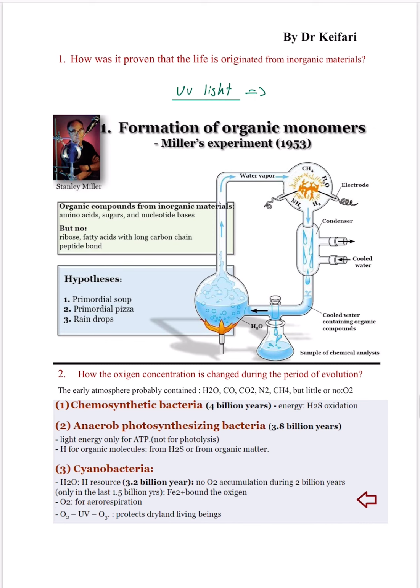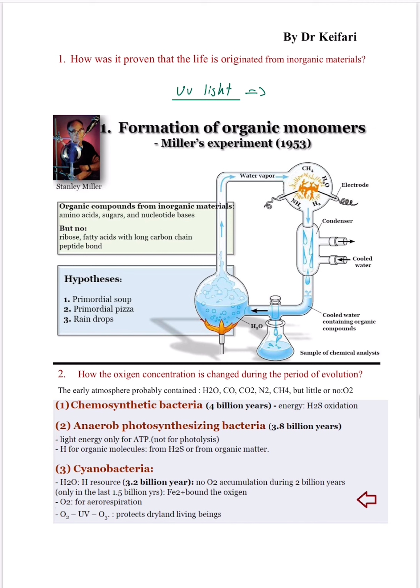And the second group, 200 million years later, 3.8 billion years ago, was the anaerobic photosynthetic bacteria, which also helped the production of oxygen.